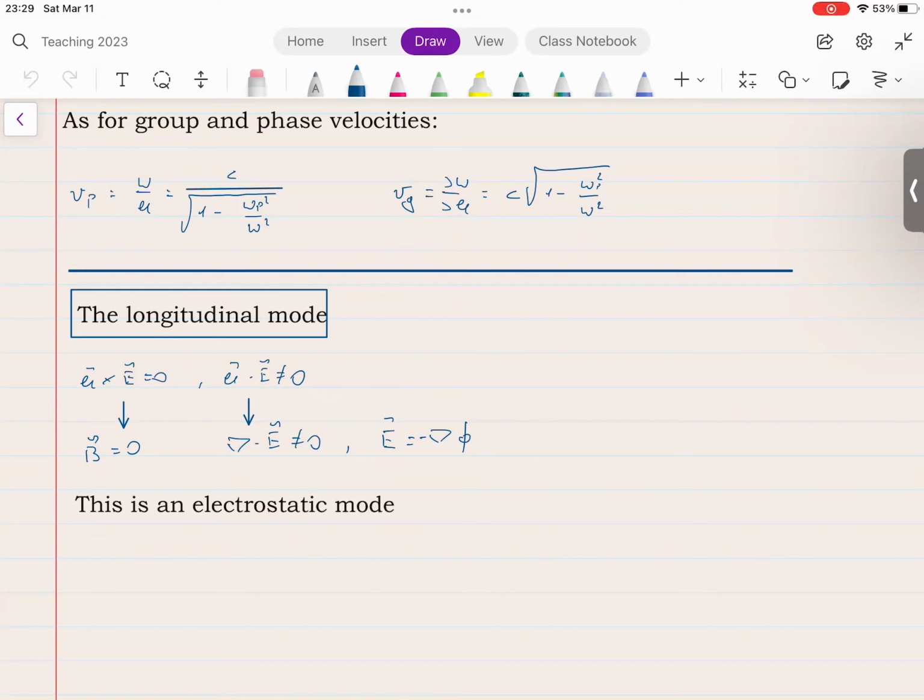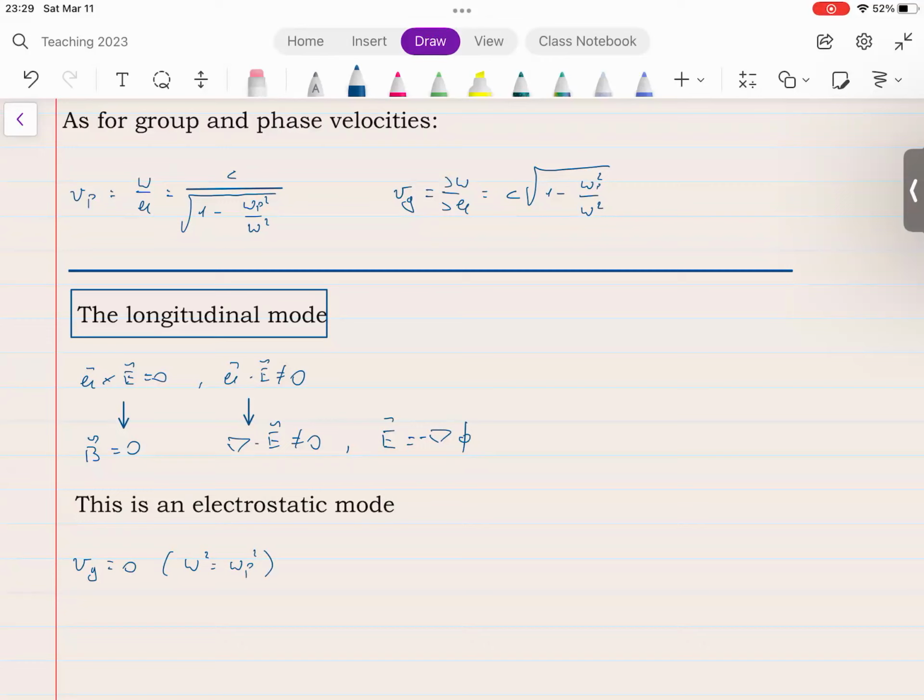And indeed, we have already encountered this mode. That's pretty much our plasma oscillation. Also, the group velocity in this case is 0, because remember, the frequency was equal to the plasma frequency.